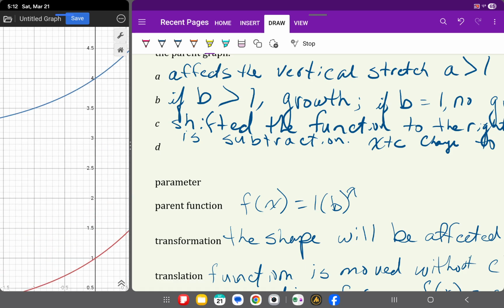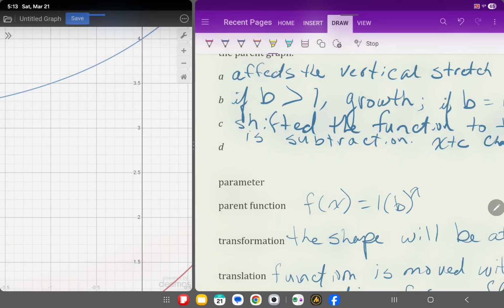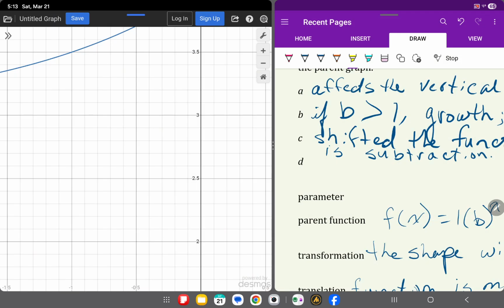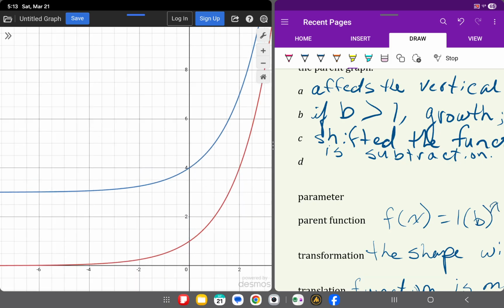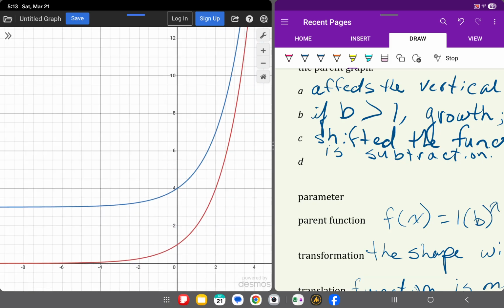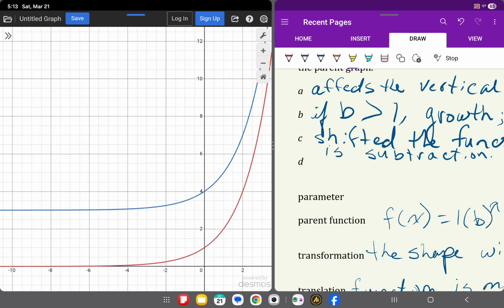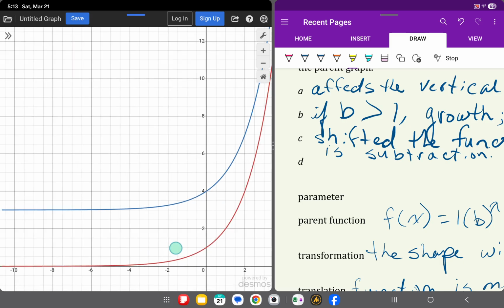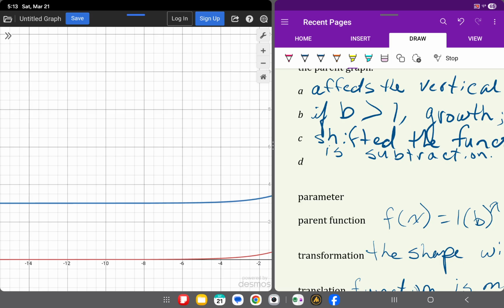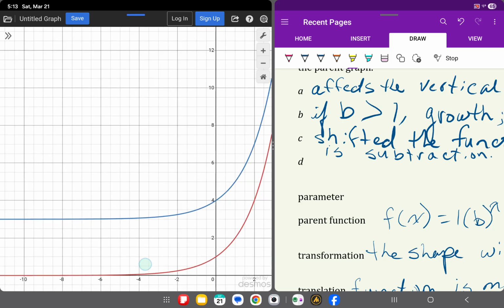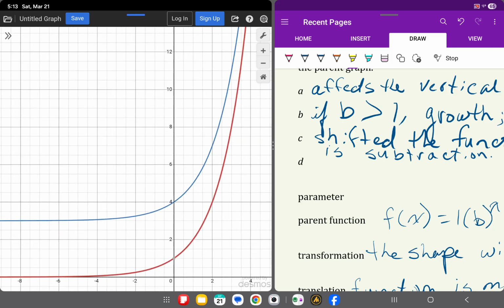Write that down. As we can see, both functions are growing. We have a different asymptote this time. Our domain is going to be the same. Our range, however, has an asymptote approaching 3 instead of 0, because it's been shifted up 3 units.